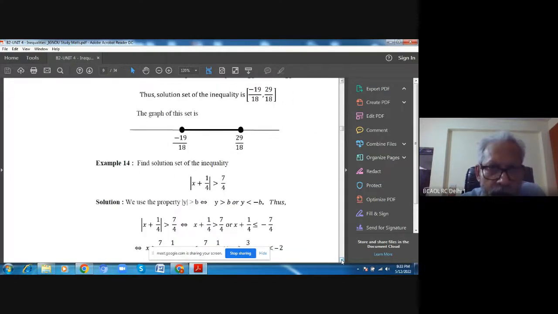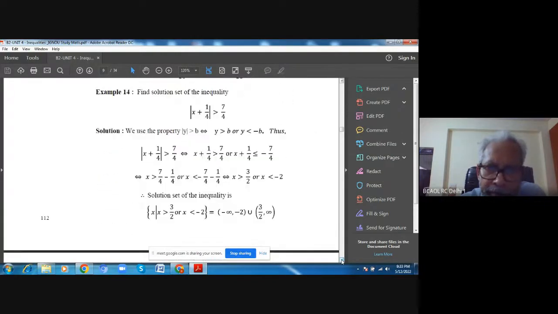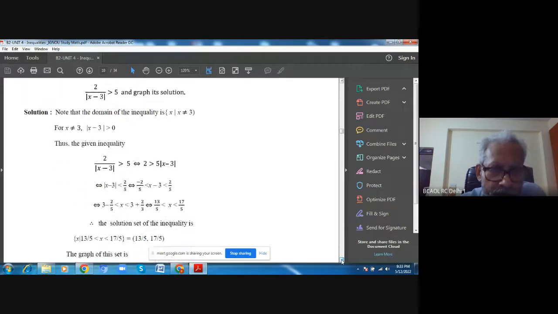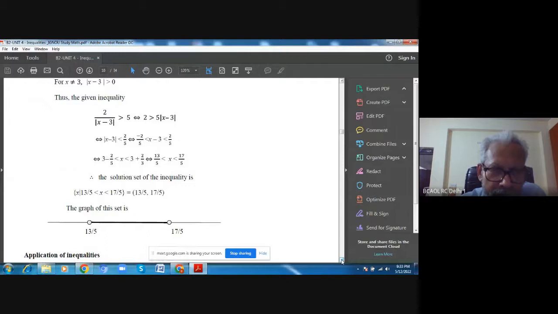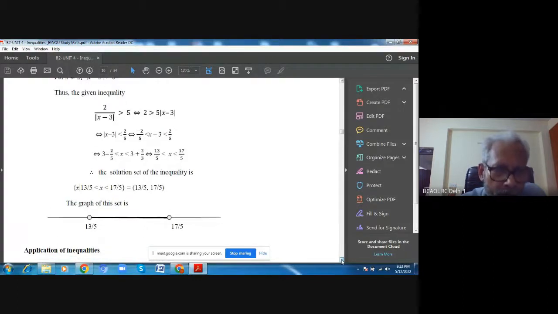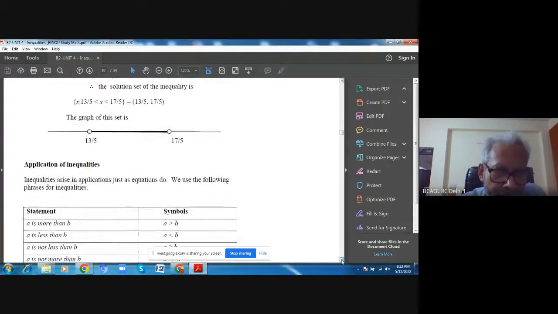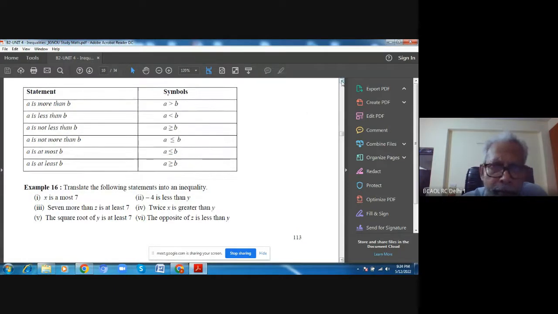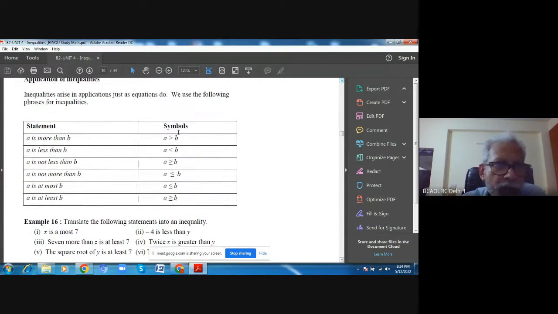So this is no problem. Here mostly the same things are there. Nothing is new, I think. Yes, some of these things you can make a chart of, you have to remember it. Then it will be very easy for you.